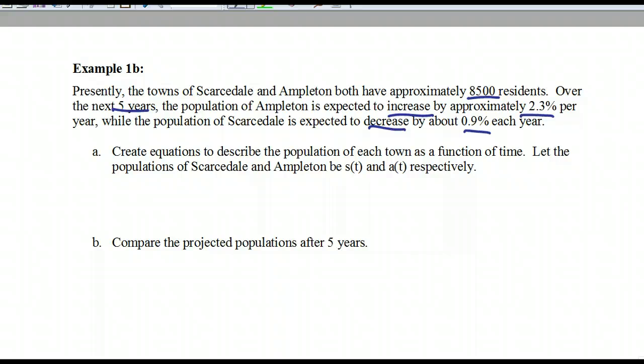Okay, so first of all, what is our rate for Ampleton going to be? 1.023, because we are increasing by 0.023.